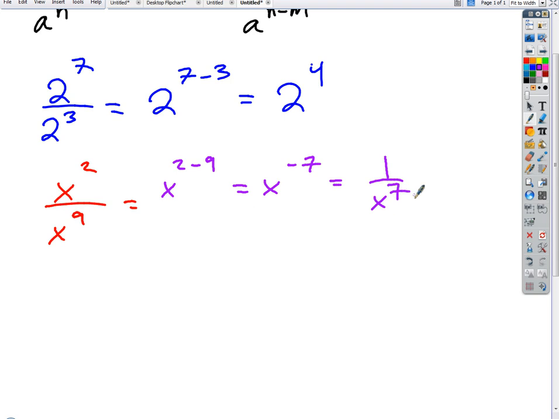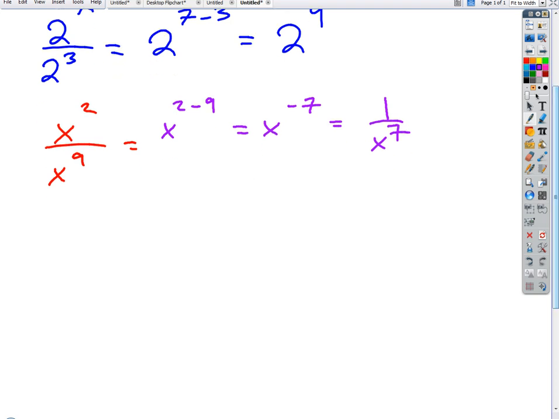Now here's a better rule. When I have something like x squared over x to the 9th, I always look when I'm dividing like bases, and I ask myself, where is the biggest exponent? Is it on the top or the bottom? It's on the bottom. So the base is always going to stay where it has the most power. It's going to stay on the bottom, and I'll subtract from that exponent.